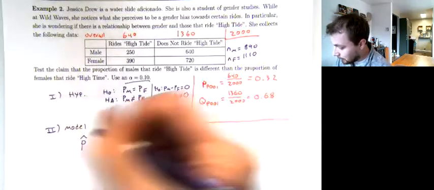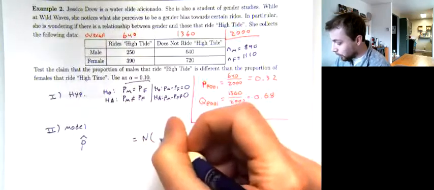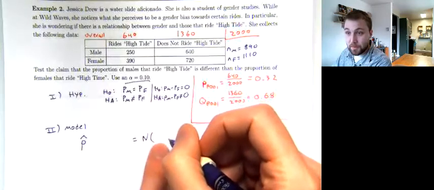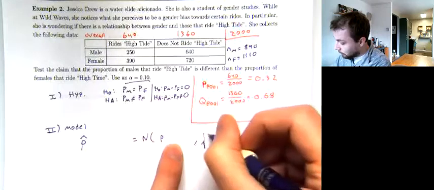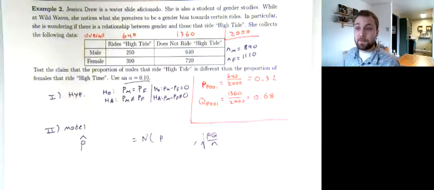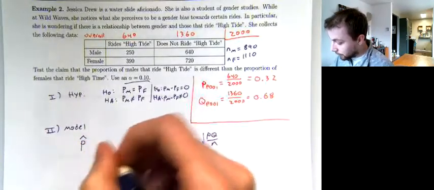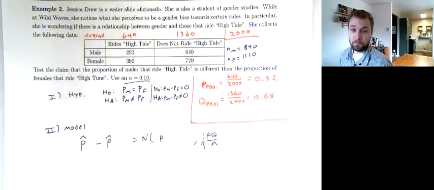When I was doing hypothesis test 4, my model looked like p hat was normally distributed with a center of p and a standard deviation of square root pq over n. I'm going to use the same framework here, except I'm doing this twice. So I'm going to have this for one group minus the same thing for the other group.